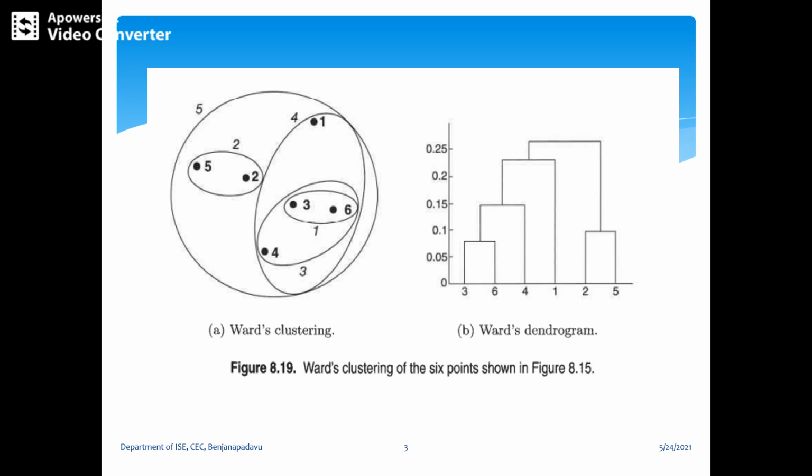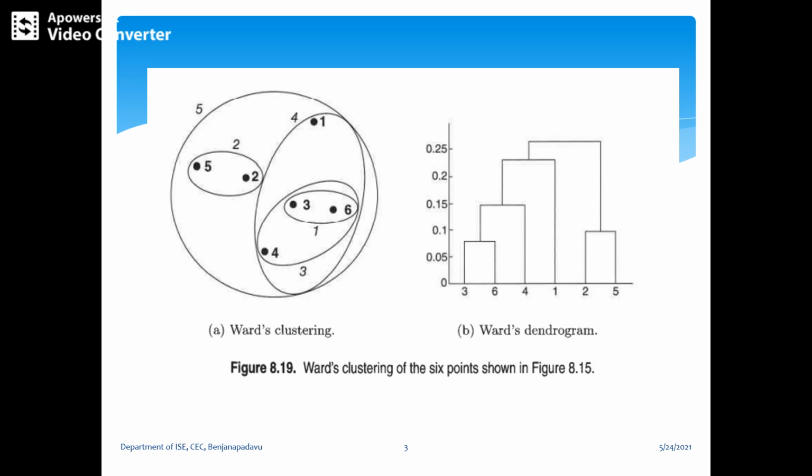Another key issue is that merging decisions are final. Agglomerative hierarchical clustering algorithms tend to make good local decisions about combining two clusters since they can use information about the pairwise similarity of all the points.